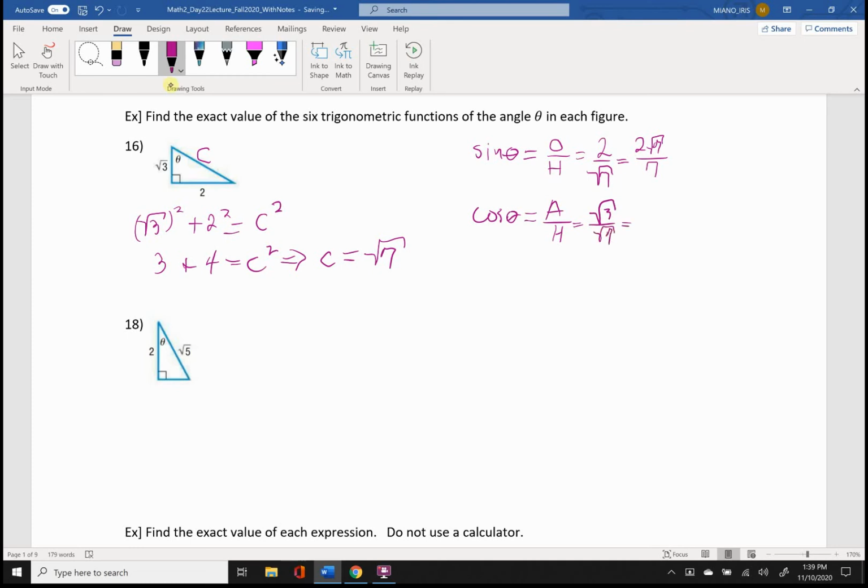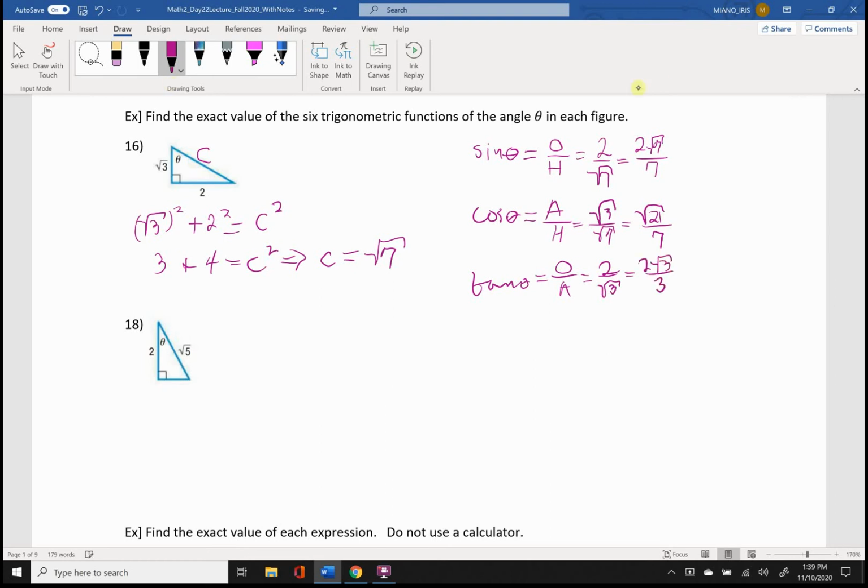We can talk about how to do that arithmetically in class if you want to, or we could just cut to the chase, and it'll be root 21 over 7 for the cosine of theta. And then tangent theta, opposite over adjacent, that'll be 2 over root 3. Rationalizing that will be 2 root 3 over 3.